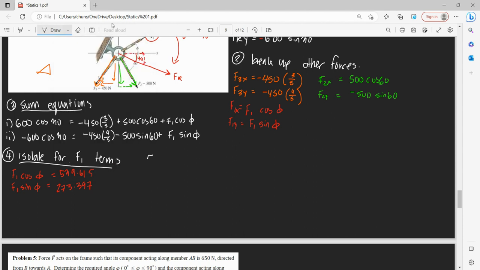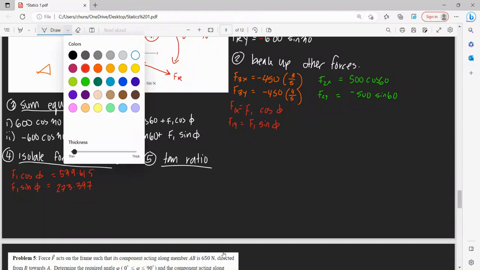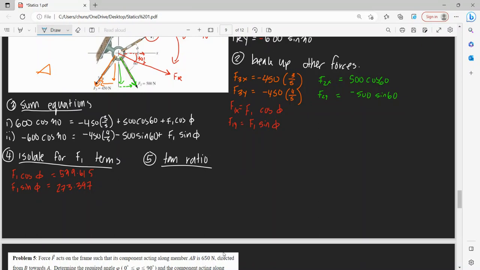Now our fifth step, we want to make a tan ratio. So we know that tan is sine over cos, and we have our sine and our cos, but we have an unknown angle and an unknown force. So what we can do is put them over each other. So we can take F1 sine phi over F1 cos phi equals 273.397 over 539.615.